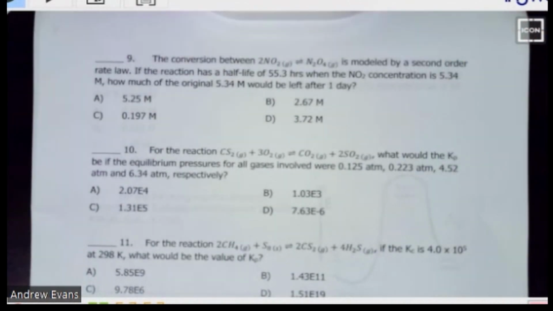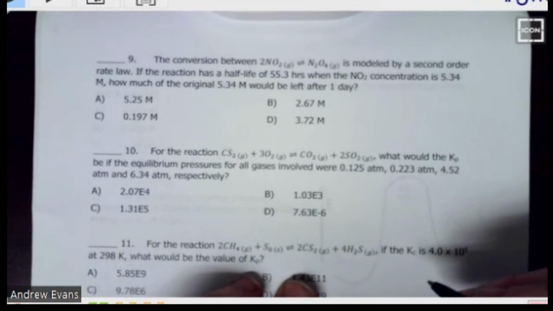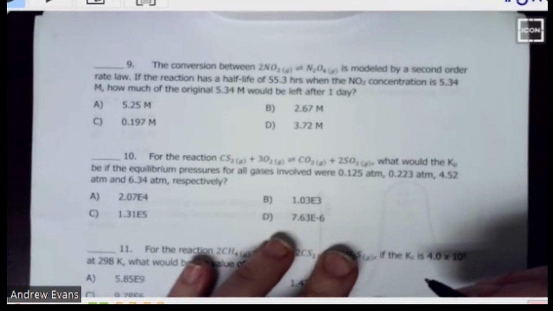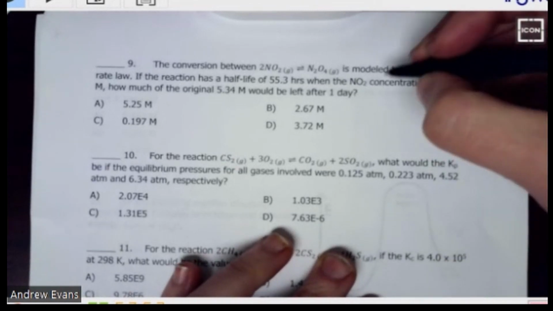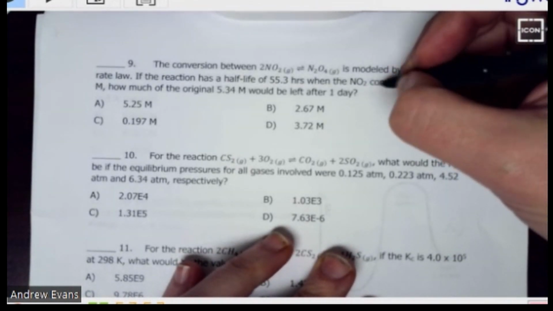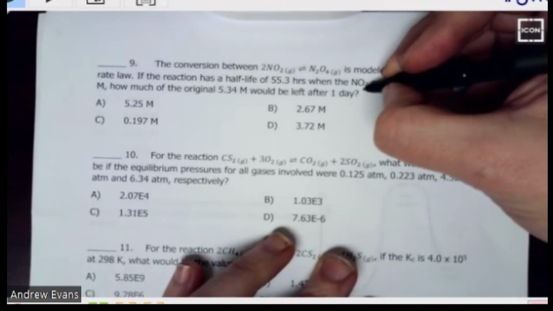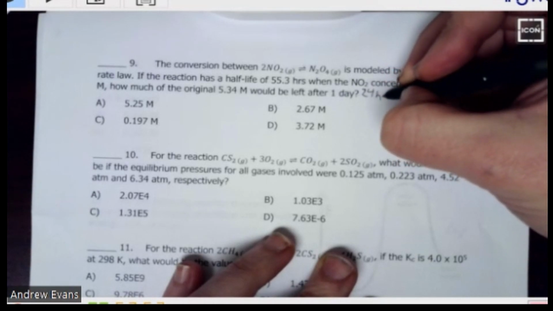Okay, number 9. Conversion from N2O4 to NO2 is modeled by a second order rate law. If the reaction has a half-life of 55.3 hours when the concentration is 5.34 molar, how much of the original 5.34 molar would be left after 1 day, or 24 hours?